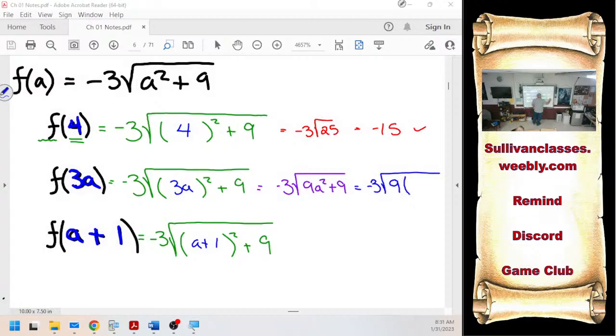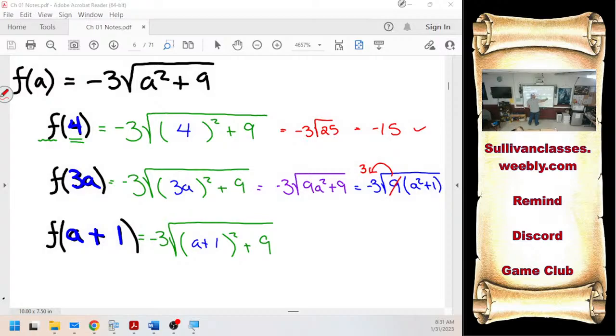If I take that out, now we have an a squared plus 1. Now it's 9 times a thing. Now I can take that out of radical town. I couldn't before, but now square root of 9 is 3.